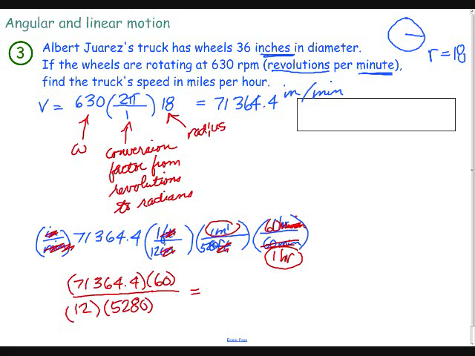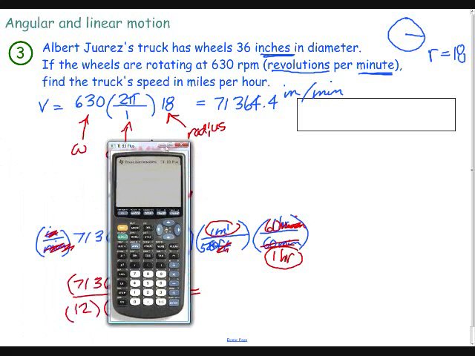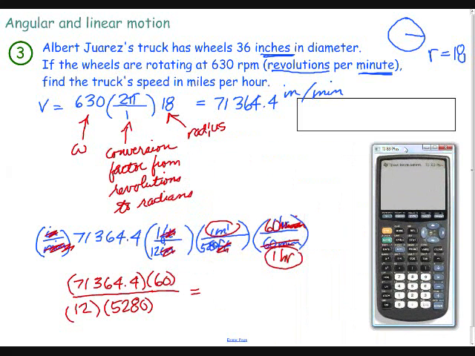Let's see what we get. So I've got this number right here. I'm going to multiply it times 60. I'm going to divide it by 12. I'm going to divide it by 5,280. Those are all my conversions to get it into miles per hour.